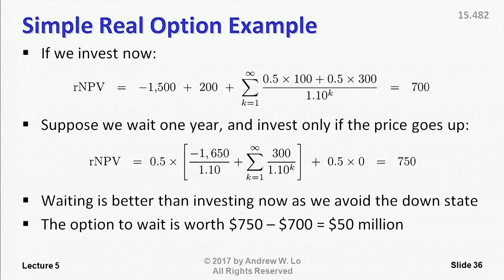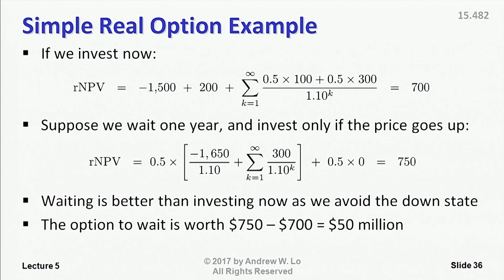But what about the bad case, if it's only worth 100? Well, if it's worth 100, I'm not going to bother with the acquisition. I'm not going to buy the plant. I'm not going to go ahead. And so this is really the benefit of waiting. If I wait a year, I get to decide not to operate my plant.